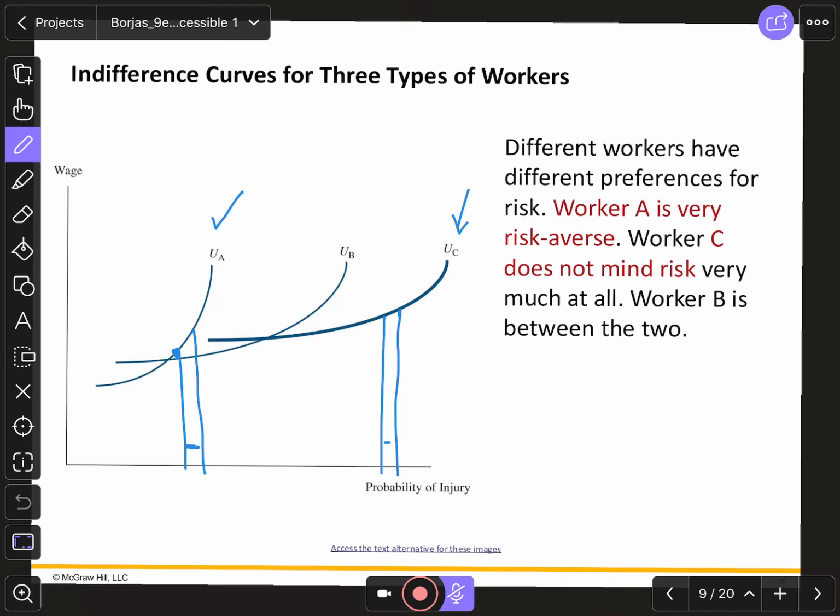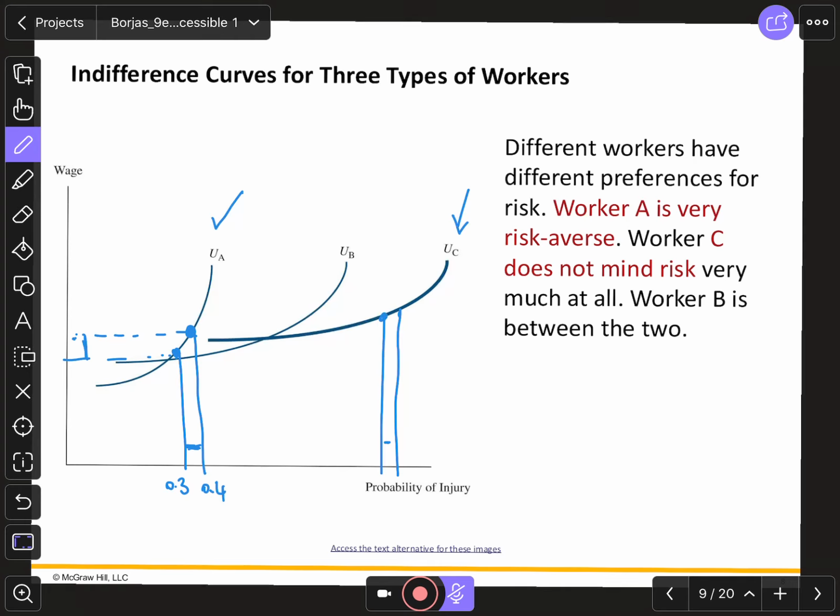Let's say this is from point 3, and it increases by 1 unit to point 4. For person A to accept the movement from point 3 to point 4, you have to pay him this amount to bribe him to take the job.